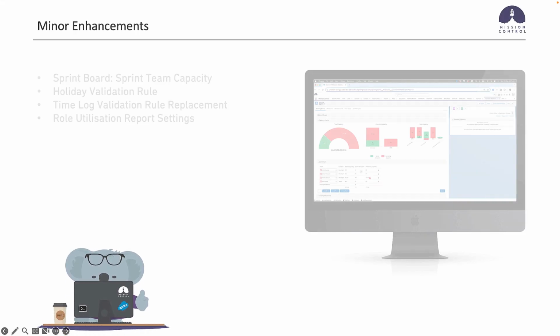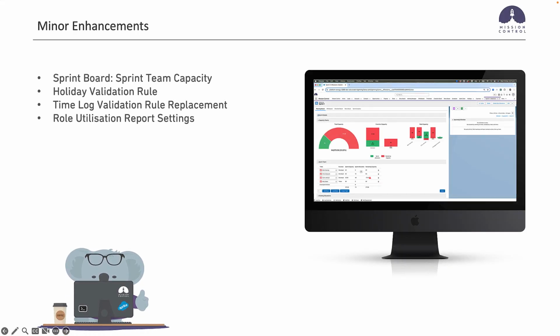A few minor enhancements. On the sprint board, we've added a couple of fields at the sprint team level. Previously, anything that wasn't already allocated in terms of capacity counted as available. So let's say Mick has 100 hours available during a period, but 20 of those hours have already been allocated to other projects, then by default the sprint capacity for Mick would be determined to be 80.